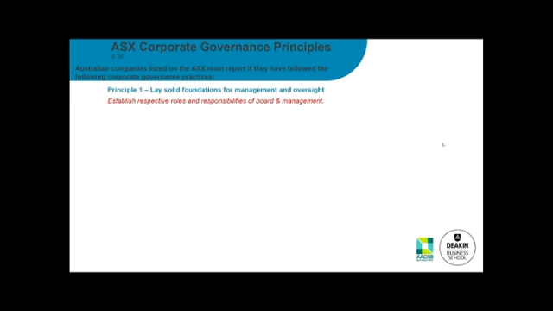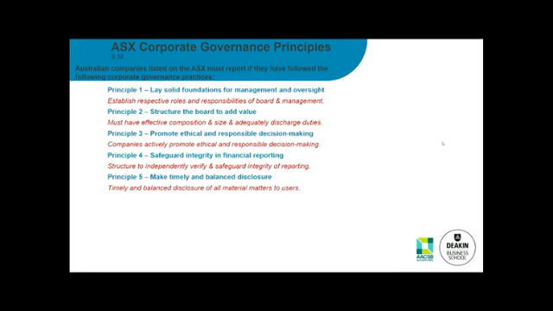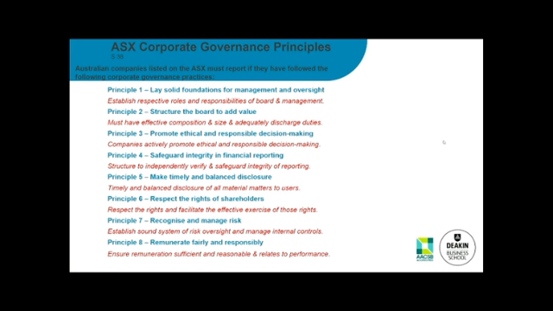I mentioned the ASX corporate governance principles. Here they are all listed out, 8 of them. You don't have to know them, but I'm just showing you so that you appreciate that there are 8 of them and they all cover different aspects.